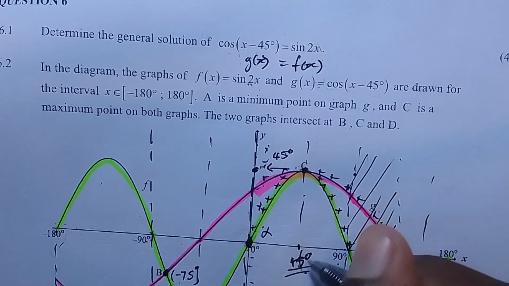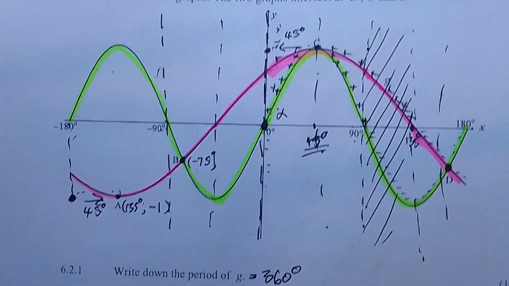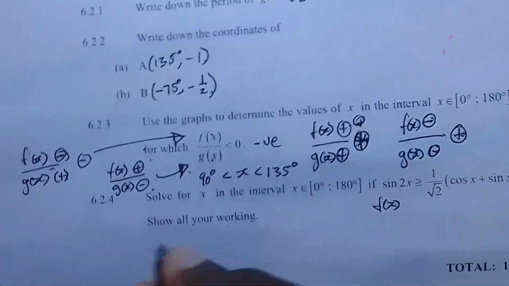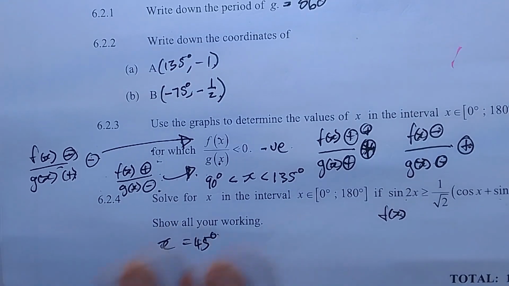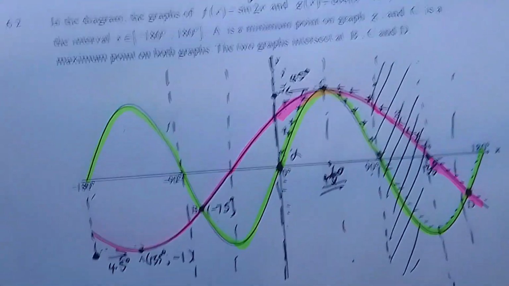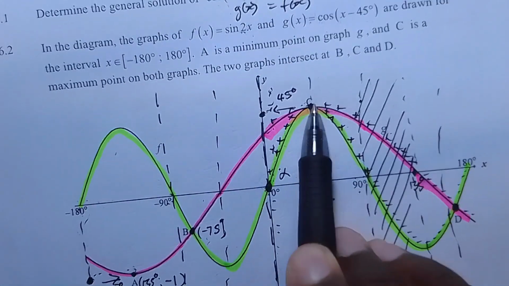So you say 90 divided by 2, you get 45. Okay, so that's 45 degrees. Your first solution here is x is equal to 45 degrees. You don't use any inequality because it's at a point, it's not a range.